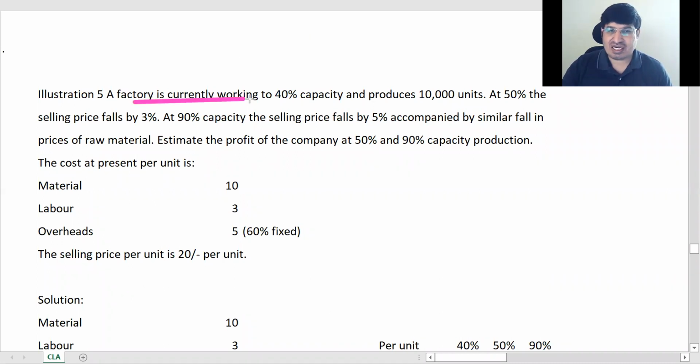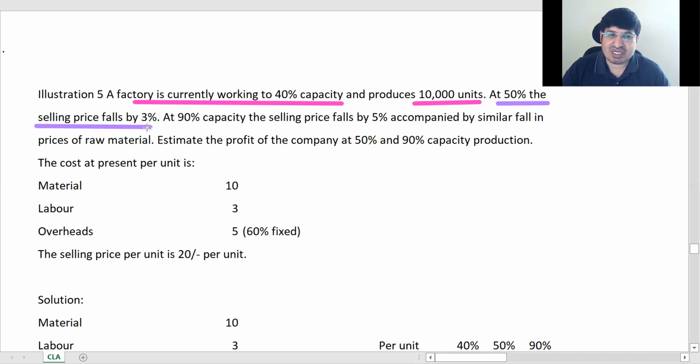A factory is currently working at 40% capacity. Okay, current capacity is 40% and current production is 10,000 units. Now at 50% capacity, the selling price falls by 3%.